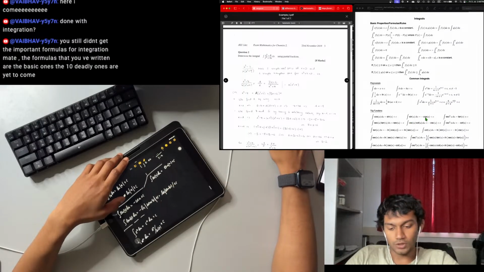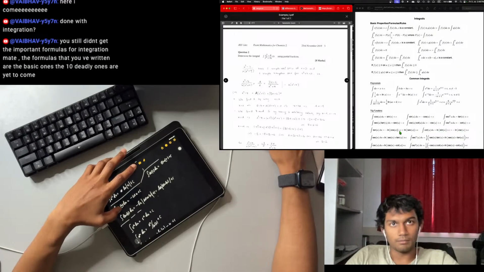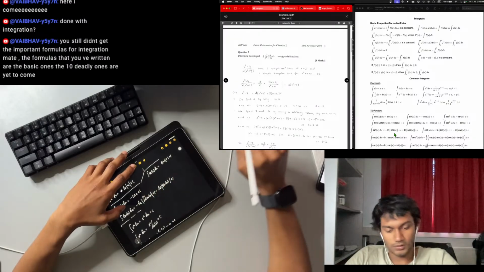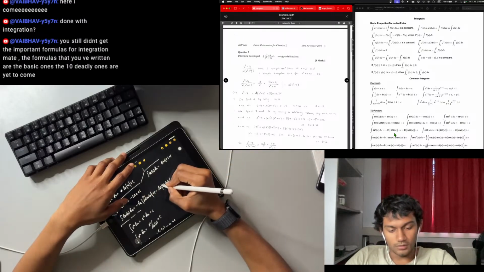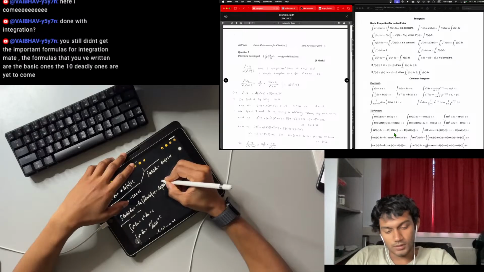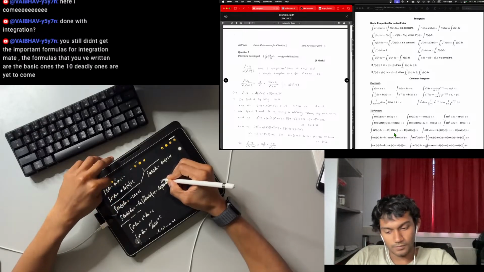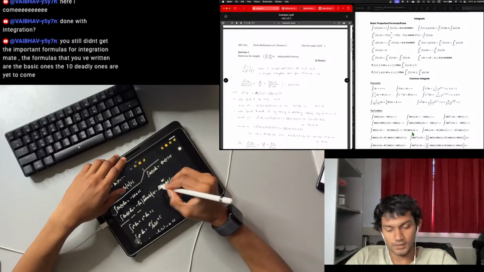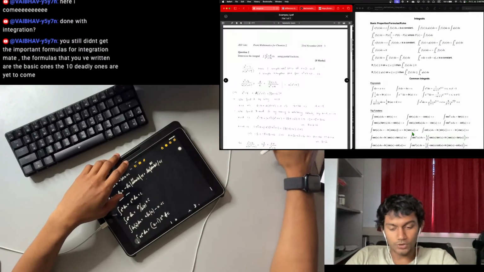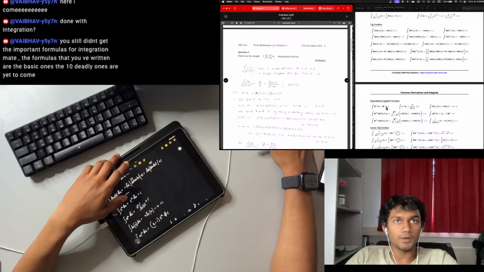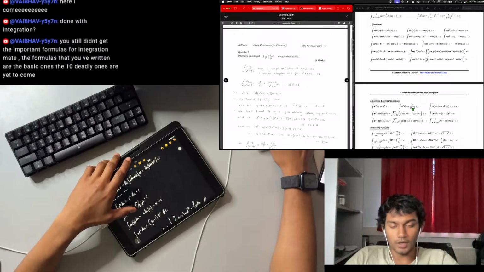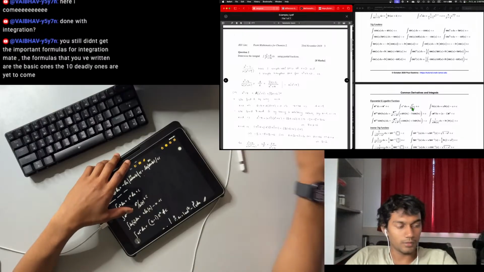Integral of sine is minus cos. Yes, cos is sine. Tan is minus log of cos. It's not cosine, it's cos. So then it's going to be natural log of sec. Yep, that's a mistake. e raised to u is e raised to u plus c. a raised to u is a raised to u by log a. Oh, wait.